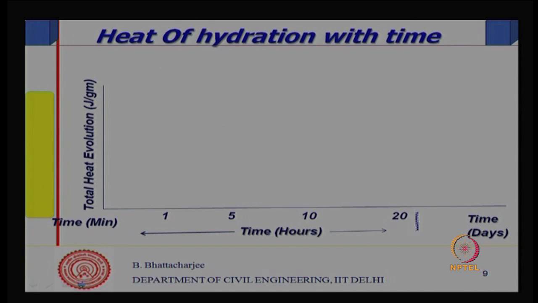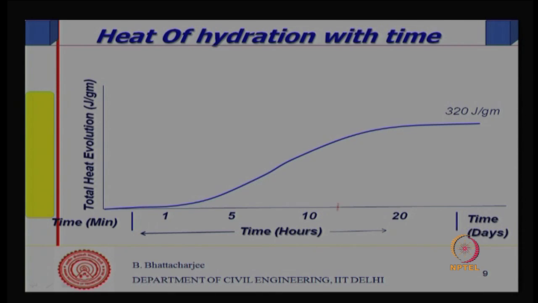Majority of the heat evolution really takes place in the initial 20 hours or so, and the total would be of the order of 320 joules per gram after about 24 hours.